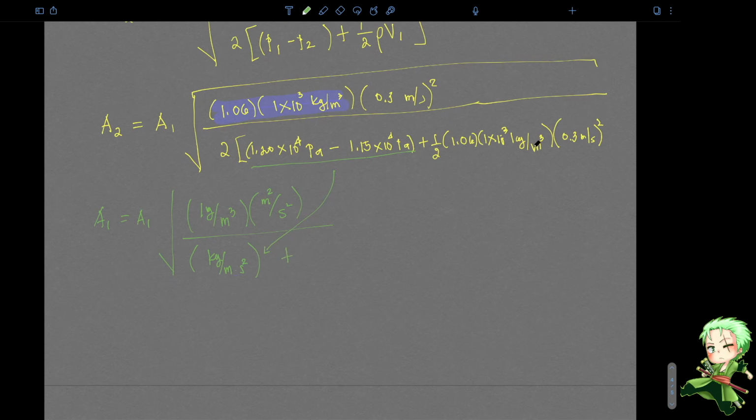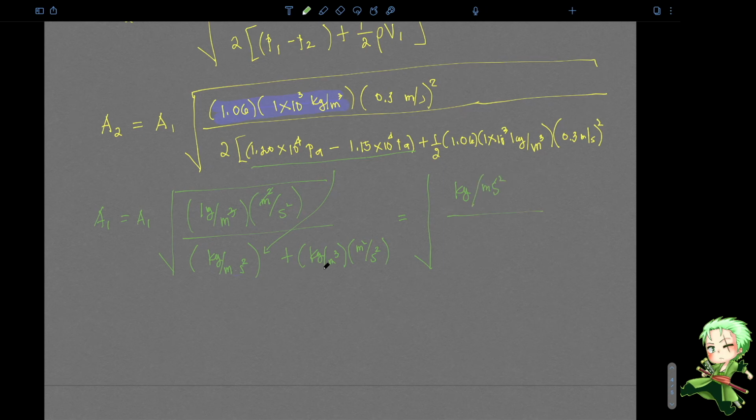Plus, this term is kilogram per cubic meter multiplied by meters squared per second squared. When you do that, take note, what will happen is on the numerator, m cubed and m squared, the m squared will cancel out, but the remaining is just m. Therefore, the numerator is kilogram per meter second squared.